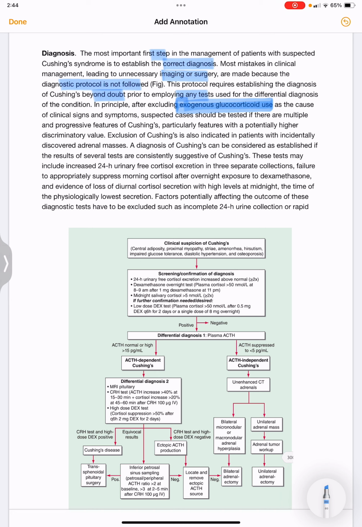Exclusion of Cushing's is also indicated in patients with incidentally discovered adrenal masses.